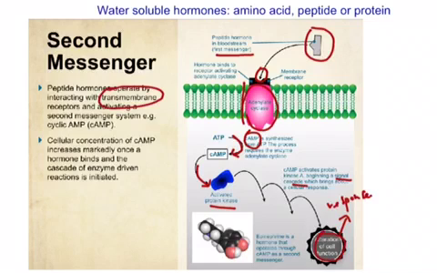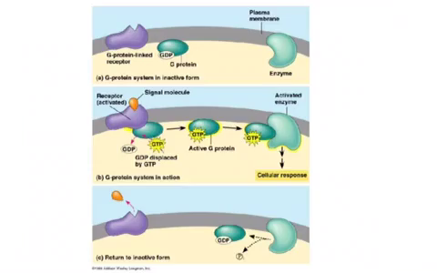Now let's have a look at how another variation in this will work using a G protein. This is another example of how a water-soluble hormone, say a peptide hormone, could interact with a cell. Instead of, in this case, cyclic AMP being involved, this involves a secondary messenger called a G protein.